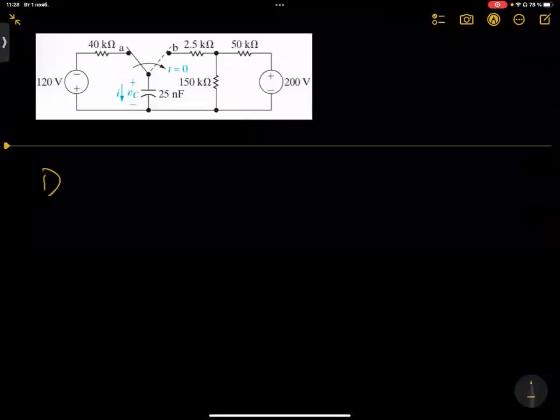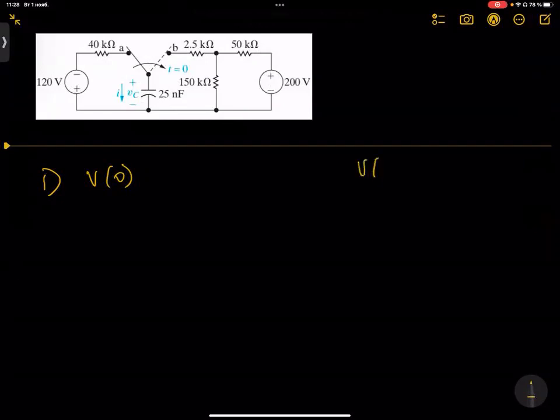Firstly, we find V0, because we're considering a capacitor in an RC circuit and we try to find the function V(t). We find V0 when t is less than 0.